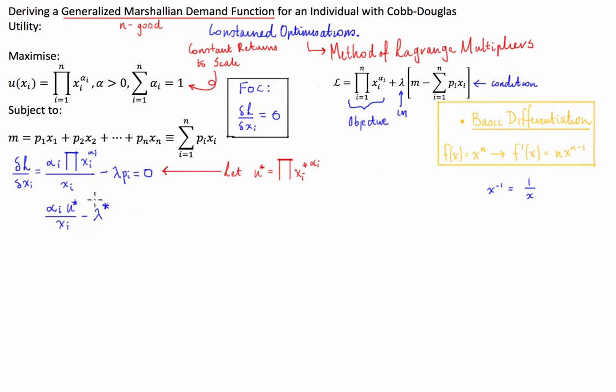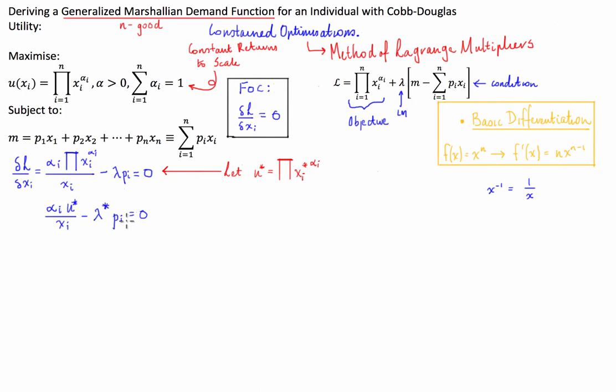Later on, you'll see that the Lagrange multiplier will cancel itself out. So it's kind of arbitrary, but for the sake of the algebra and the working, we should just take it through. So this times the price, pi, equals 0.